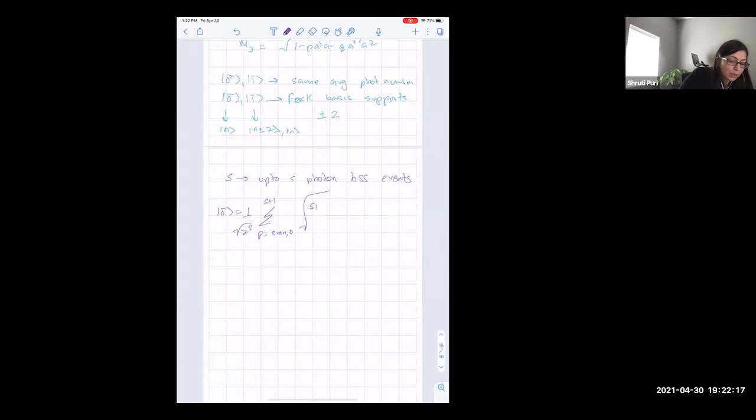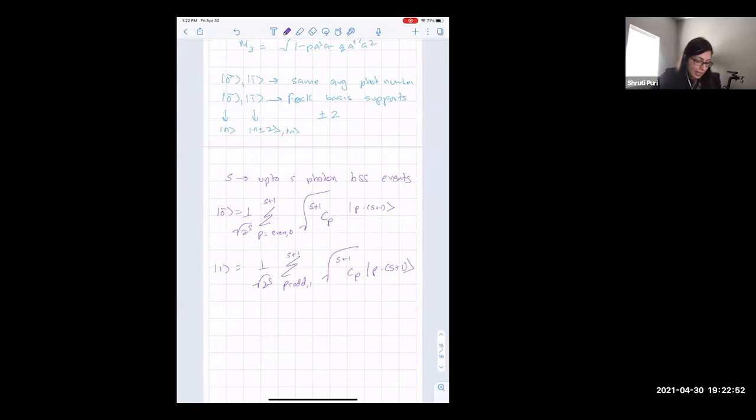You have this binomial coefficient, which actually ensures the average photon number is the same. P multiplied by S plus 1, and 1 bar is just 1 over square root of 2 to the S. P is odd, going from 1 to S plus 1, square root of S plus 1 choose P, P times S plus 1. This is the binomial code. It can correct for up to S loss events.